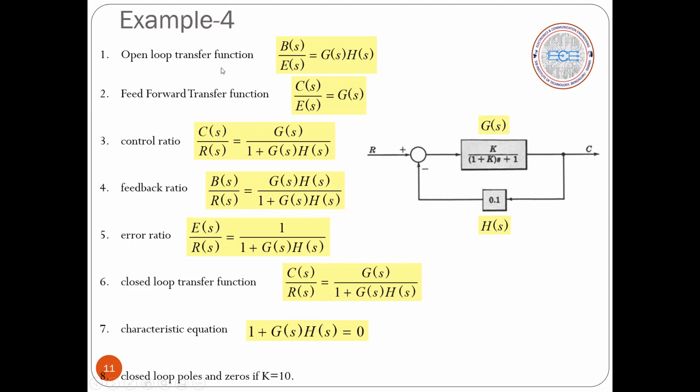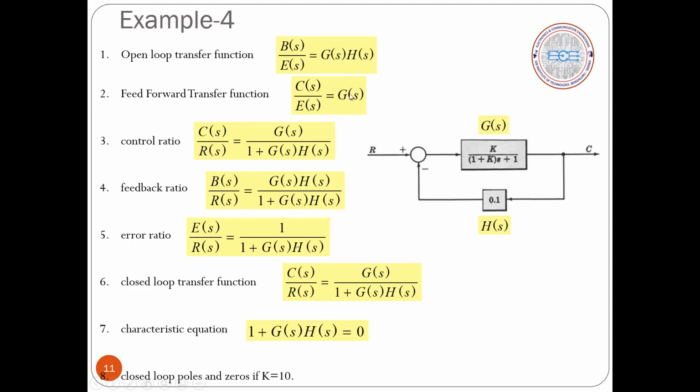How do we compute the open loop transfer function? Open loop transfer function is feedback divided by error signal, which we have already seen in the previous slide, that it is G(s) into H(s). What is the feed forward transfer function? Feed forward transfer function is output divided by the error signal, E(s), which is equal to G(s).